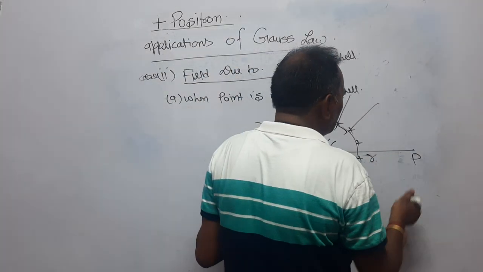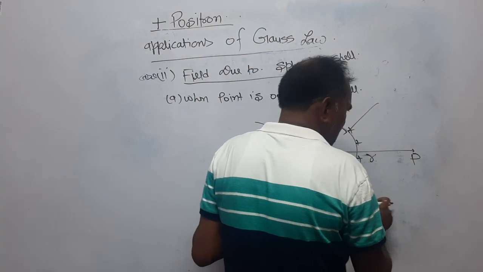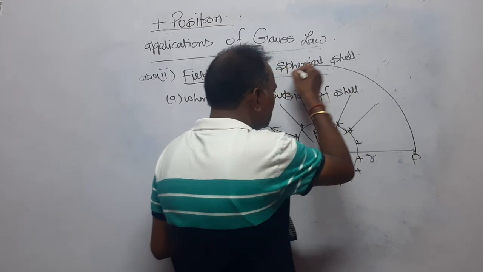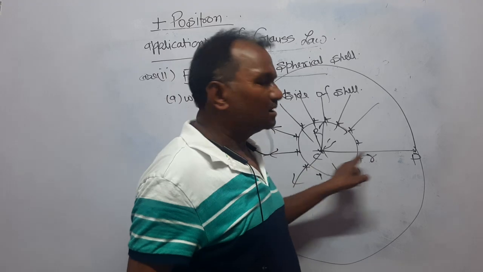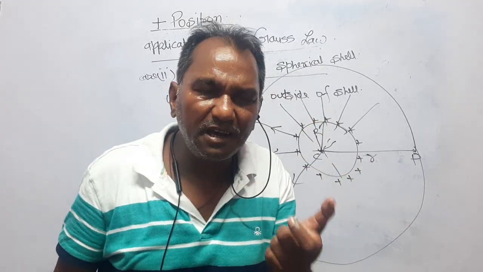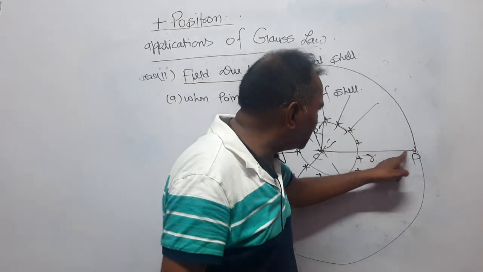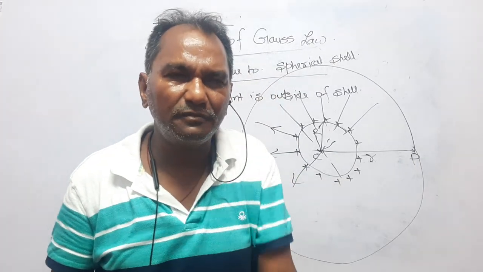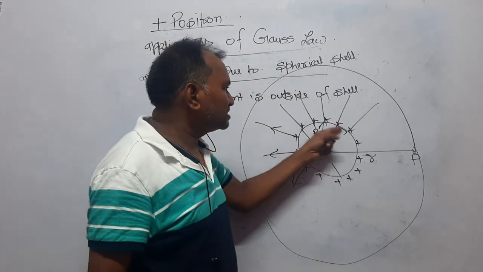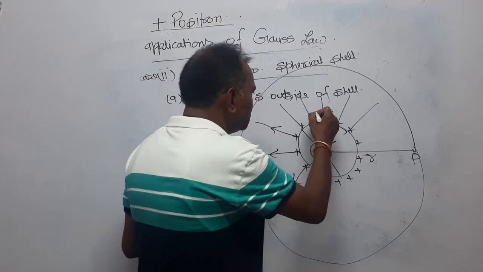Now, in order to apply the Gauss law, you have to consider a Gaussian surface, and that is why we have considered a Gaussian surface, a sphere of radius small r on which the point P exists, where we have to find out the field. Dear student, this is a spherical shell on which charge Q is distributed.